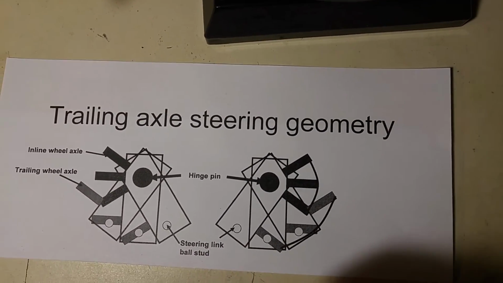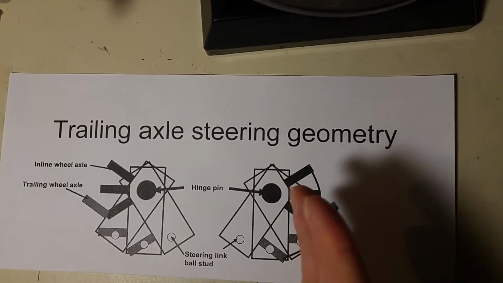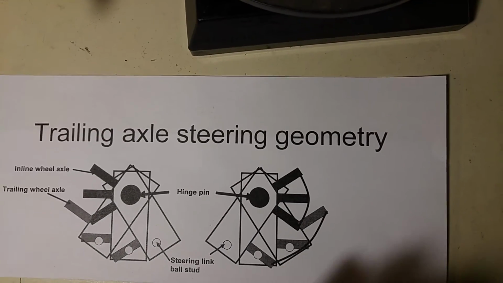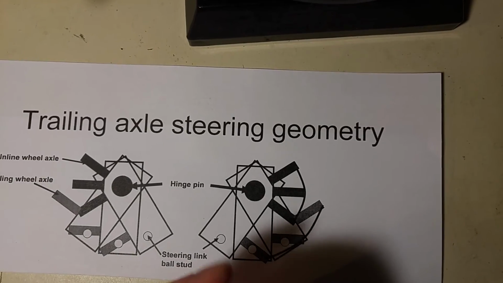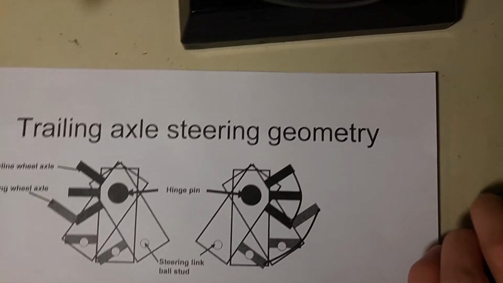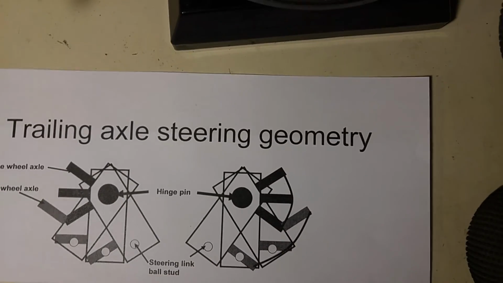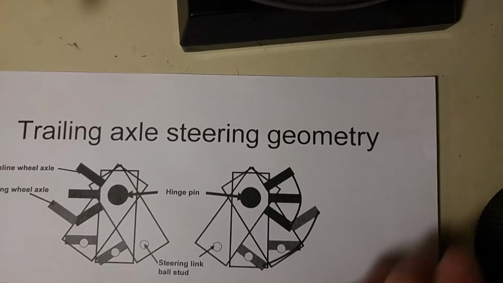But I might want to use a more inline steering geometry to make the steering response more aggressive. That way I can get more or less the same total steering response as I would have with a low caster, high trailing axle geometry. So those two track inversely with each other.